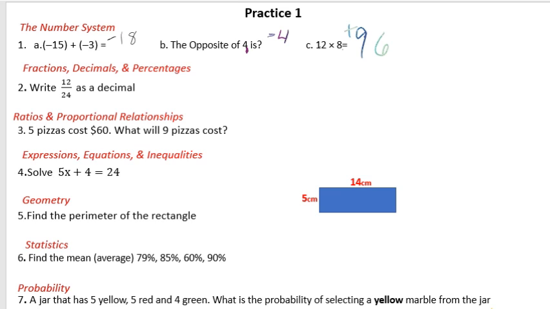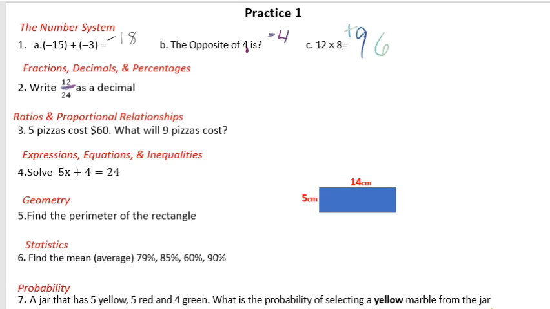decimals, fractions, percents. So number 2 is asking us to write 12/24 as a decimal. Now with fractions, this line in the middle right here is actually division. So we're just going to divide. If you're using a calculator, you would just type in 12 divided by 24.